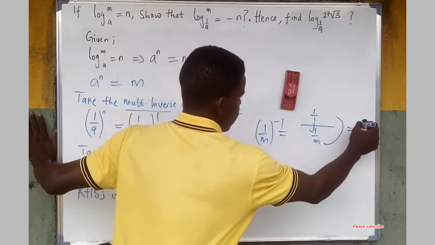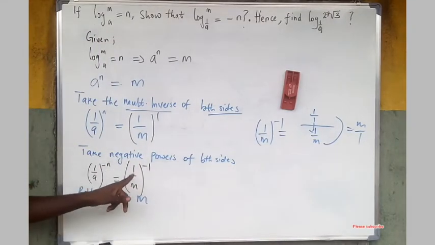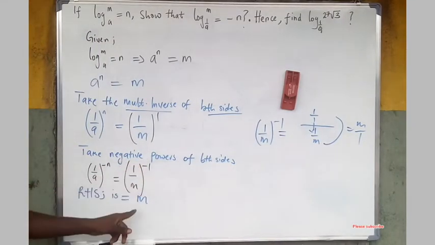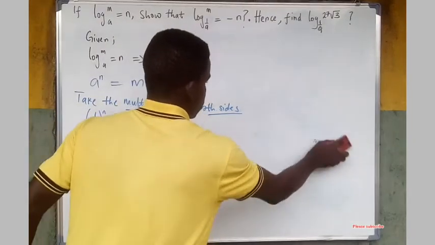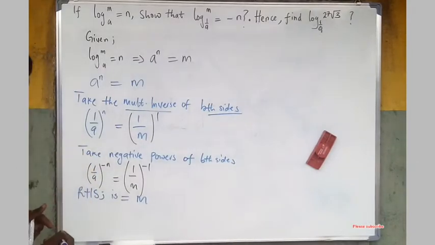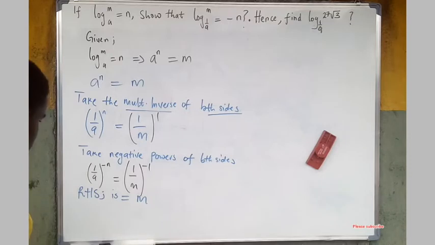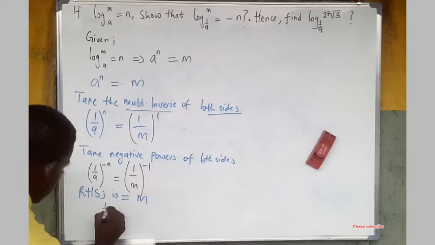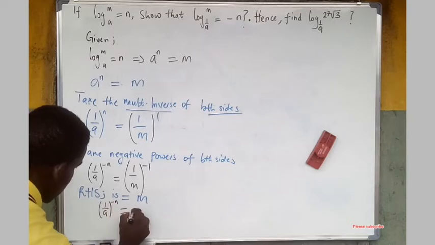So that will be m over 1, that is m. So the right hand side, 1 over m raised to the power negative 1, is m. Because of that, we will have that 1 over a to the power negative n is equal to m.